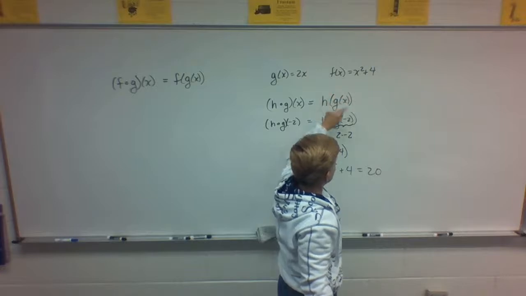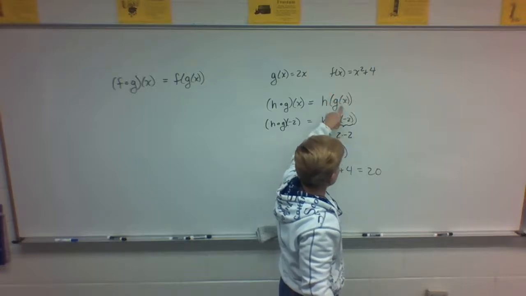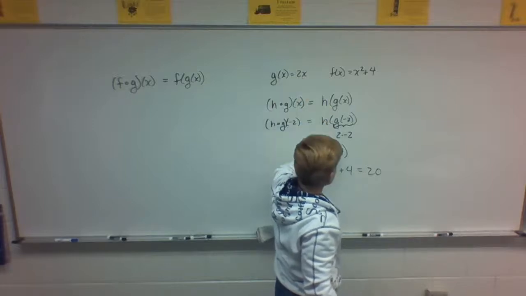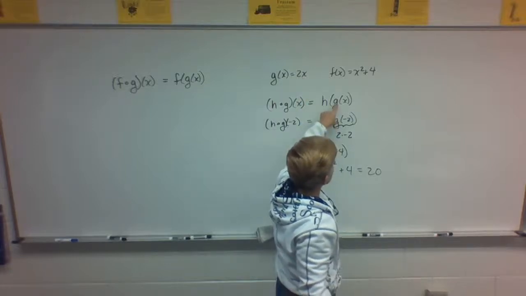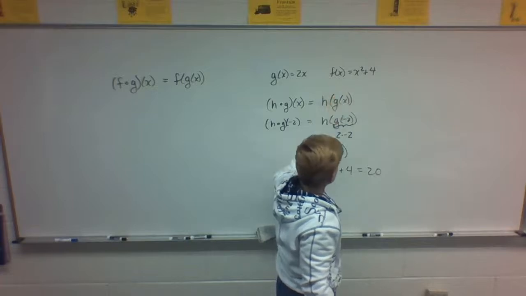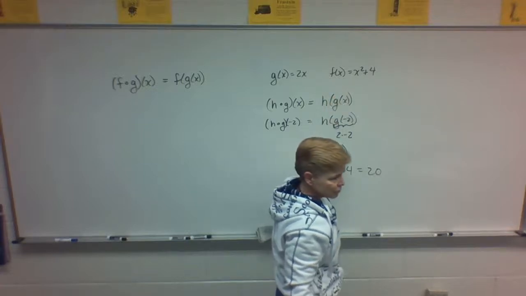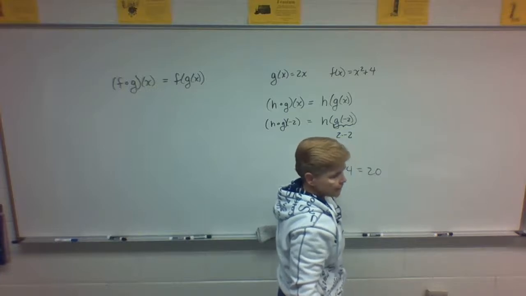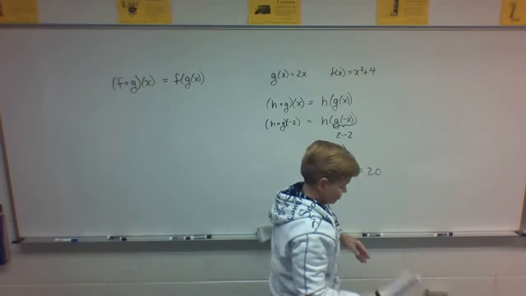G of negative 2 is negative 4. So negative 4 is the y value that belongs to this function when x is negative 2, and that's what I plugged in here. So g's y values become h's x values, plugins for h. That's what composition is. They kind of switch around.